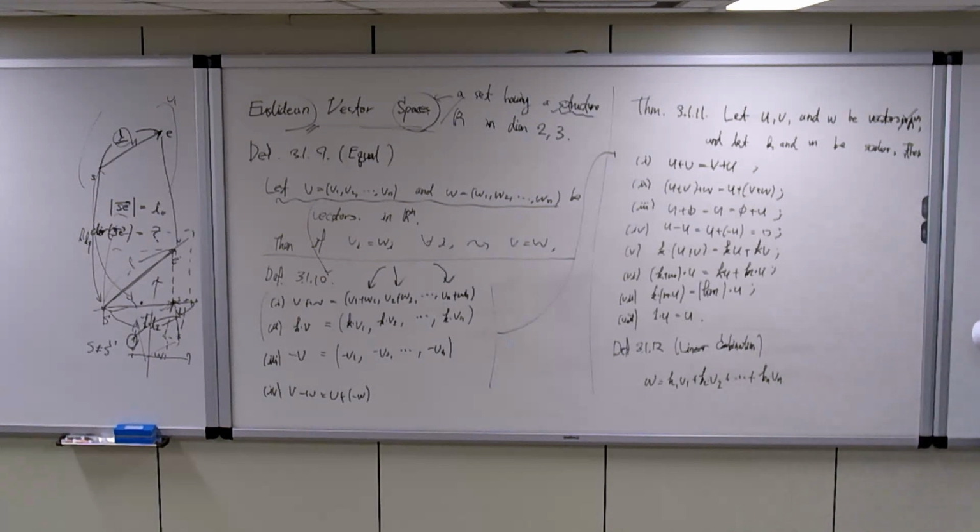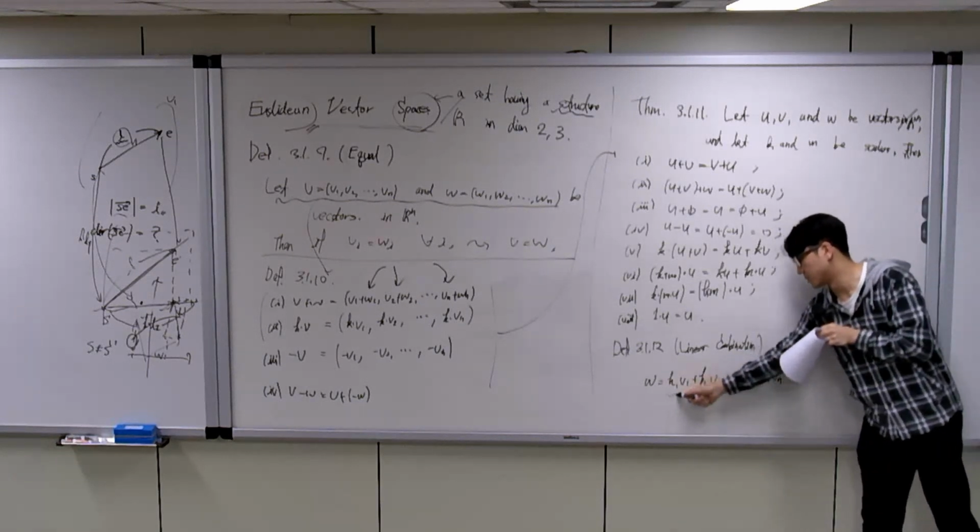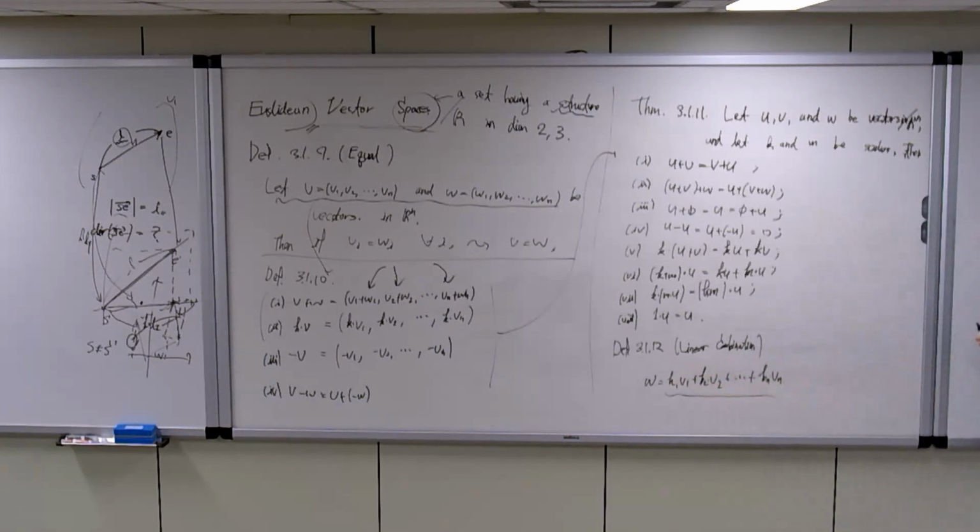Then we construct the vector as the sum of them, and this form is called a linear combination.